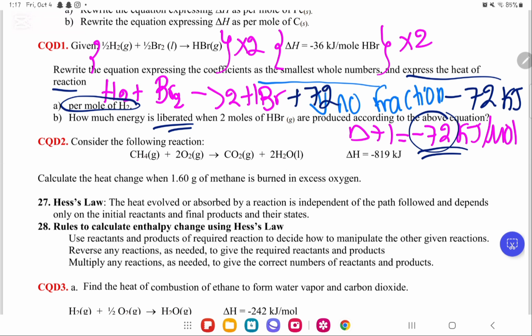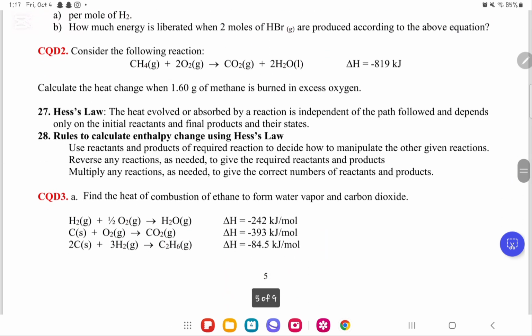So that means it is exothermic. When 2 moles of HBr are produced, how much energy is freed? It is 72 kilojoules, not negative 72. So that was it for CQD number 1.